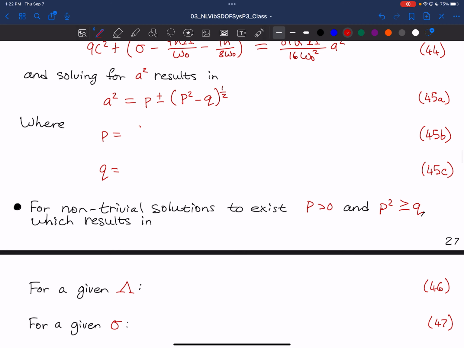P is 8 omega 0 sigma over 9 alpha minus 6 lambda squared, and then q is going to be 64 times omega 0 squared over 81 alpha squared times the quantity 9c squared plus the quantity sigma minus 9 alpha times lambda divided by omega 0, that quantity squared, and that is q.